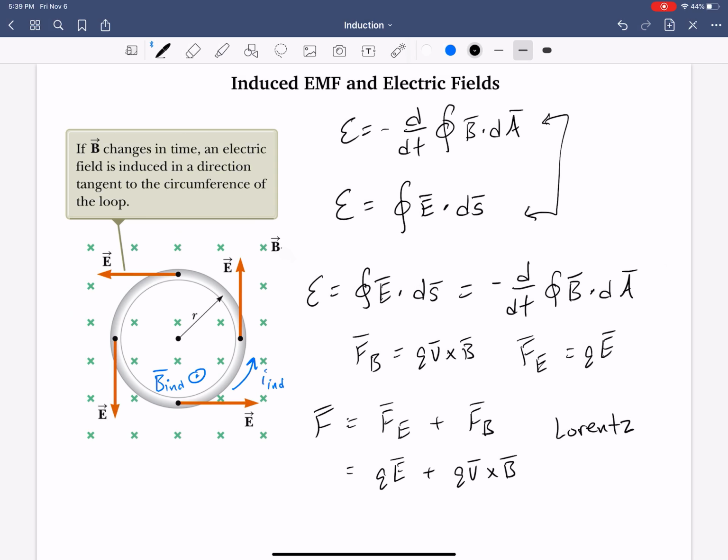We'll see this come up later in later chapters, chapter 32, and you'll see it come up in 4C. But this is effectively the total force on a charge moving in a closed loop subject to an electric field and a magnetic field. And it comes back to the fact that both of these are induced from the fact that the magnetic flux is changing in time.